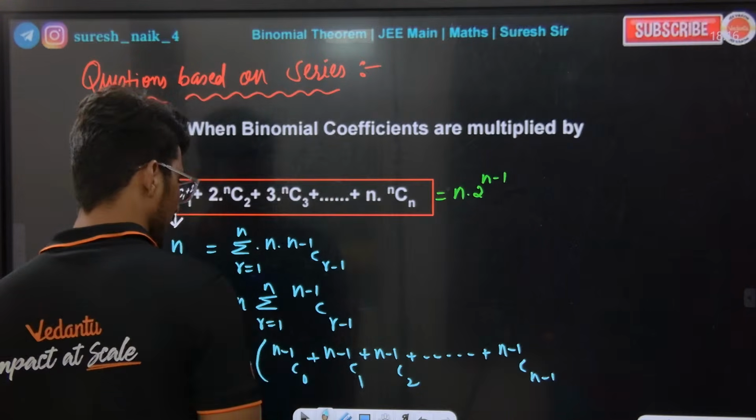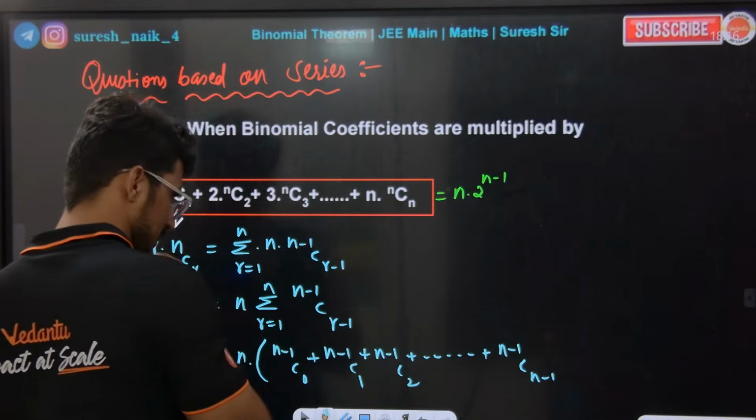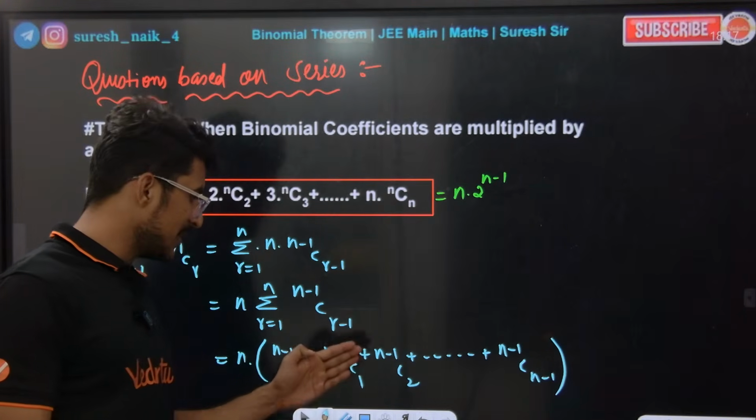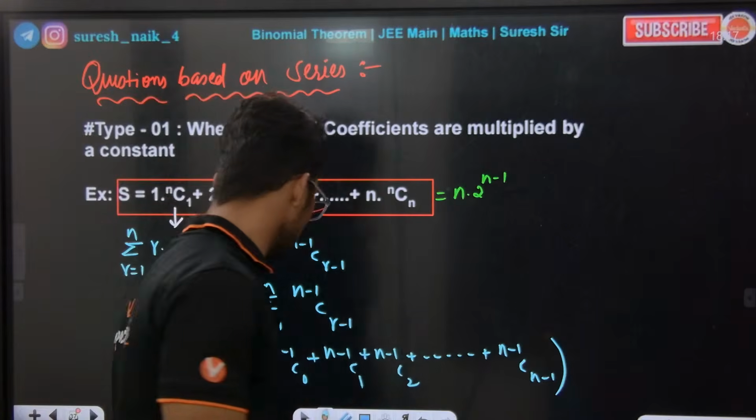Are you getting the point or not? Tell me. 1 to n, right? So tell me here: nC0, nC1, nC2, nC3 and so on till nCn, similar or not?